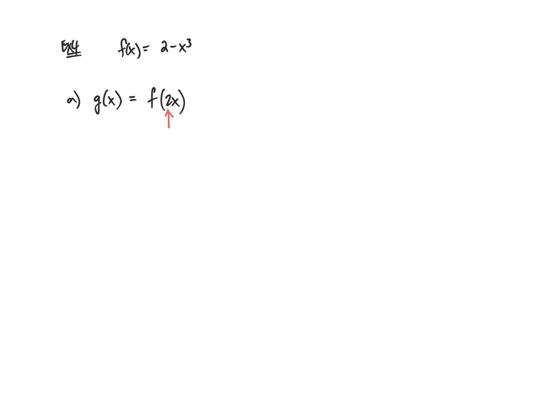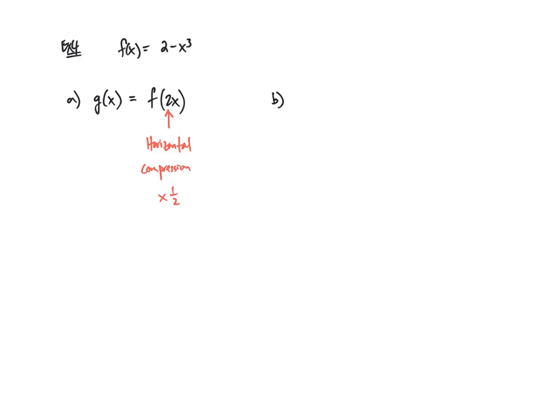So if you were to replace x with 2x, it's going to cause a horizontal change, and because horizontal transformations are inverse of what they appear, instead of multiplying by 2, you're going to multiply by a half. So if you multiply your x values by a half, it's going to be a horizontal compression by a factor of a half.